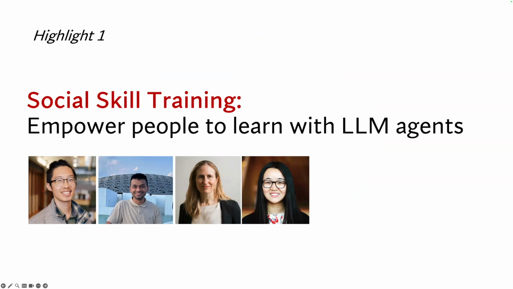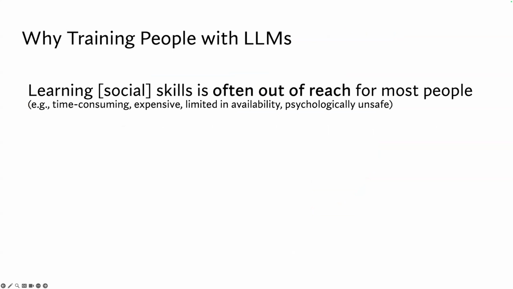The first part is a recent project that I'm very excited about: social skill training. The key idea here is to empower people to learn with LLM agents. This term might look a little unfamiliar to some people. Learning social skills, why don't we learn coding or math? My argument here is that learning social skills is often out of reach for most people.